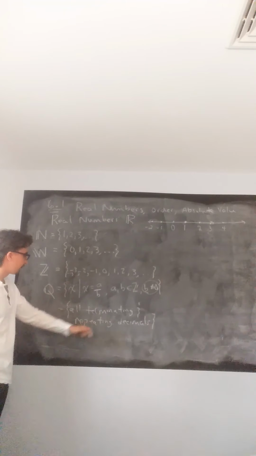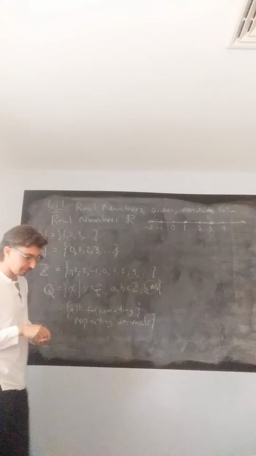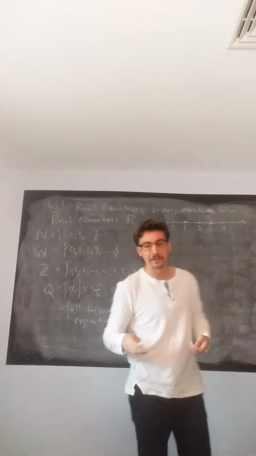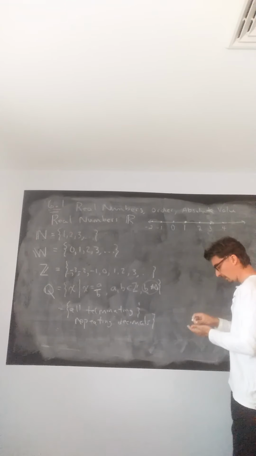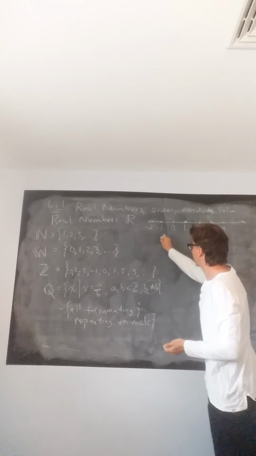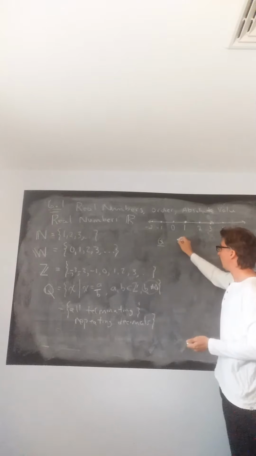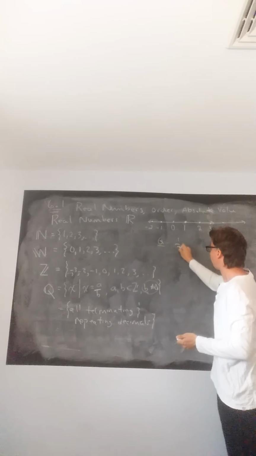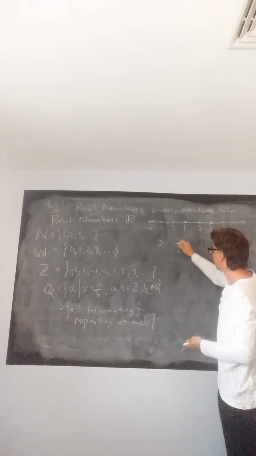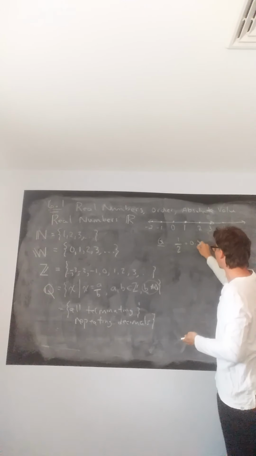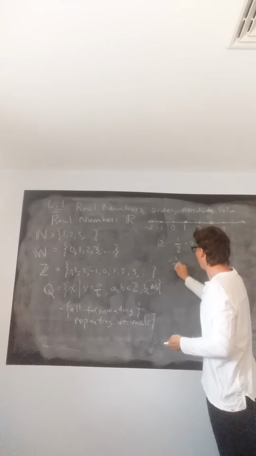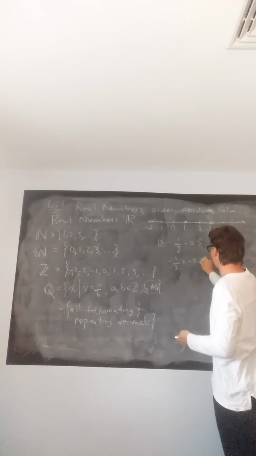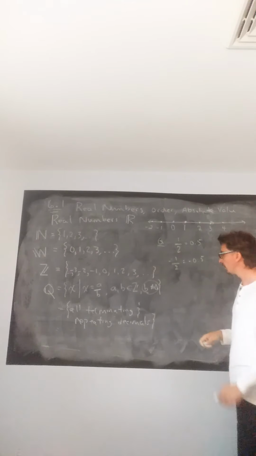In section 6.3, we talked specifically about what's in Q. But here are some examples of things that would be inside Q. The number 1/2, right? Because 1/2 also could be written as 0.5, and that's what we call a terminating decimal. -1/2, which is -0.5, that's still rational.